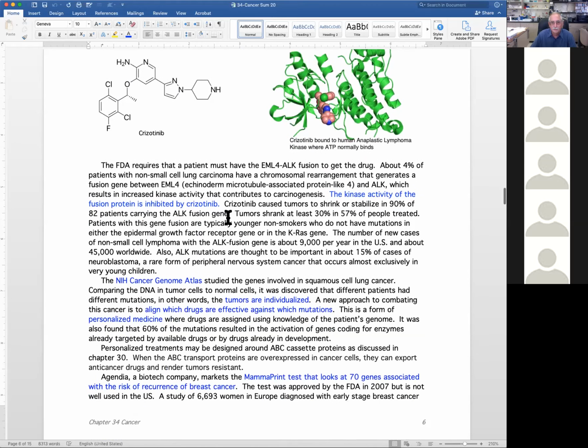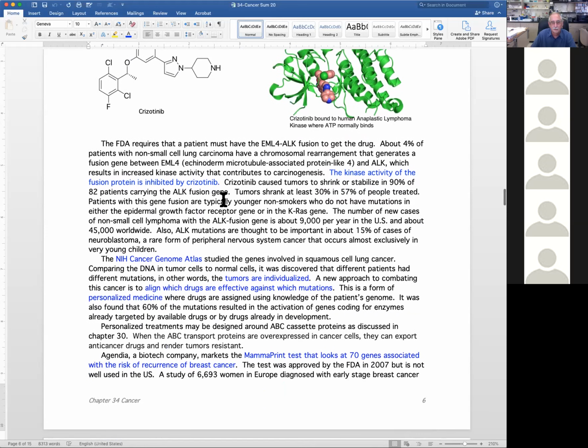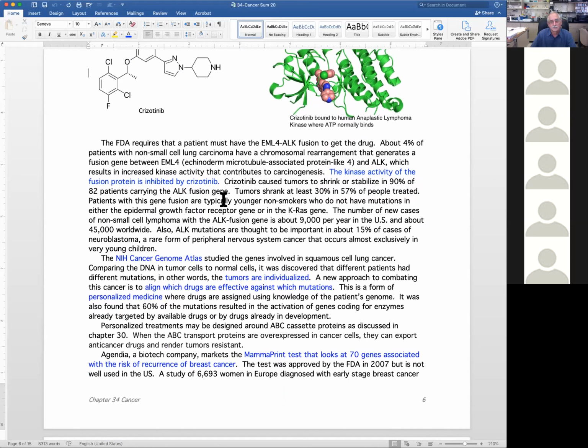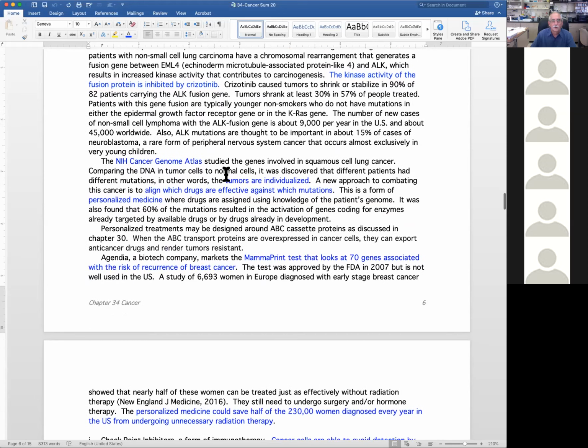So what they're doing is they're making fusion proteins. They're doing all kinds of stuff like this. And the whole idea is this. This is a drug that works on some people, and not on other people. So how do you know which people it's going to work on? What kind of cancer?